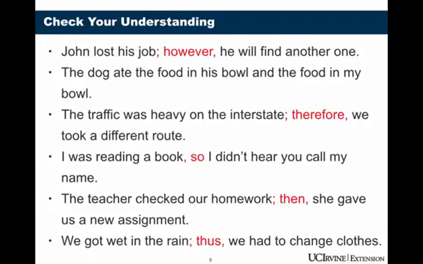The same thing on the last one. We had two sentences and we're joining them with the transition thus, so put a semicolon in front of it and a comma after it. It's pretty easy, right? As long as you remember the two groups of words. You put a comma in front of conjunctions, and you put a semicolon in front of a transition with a comma after it.